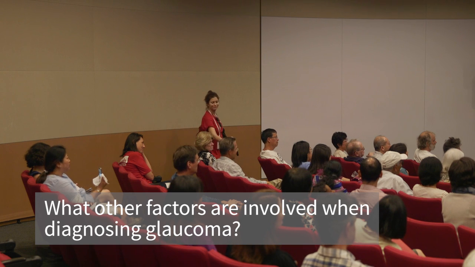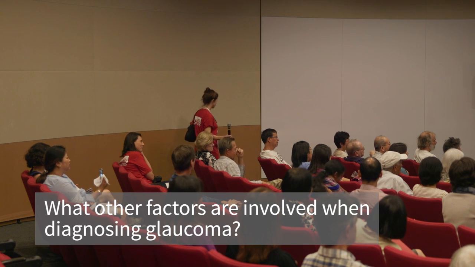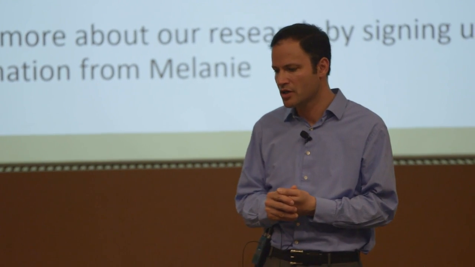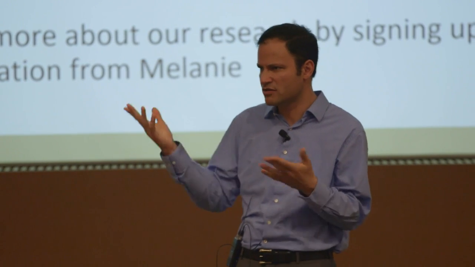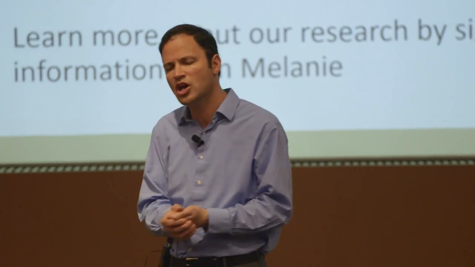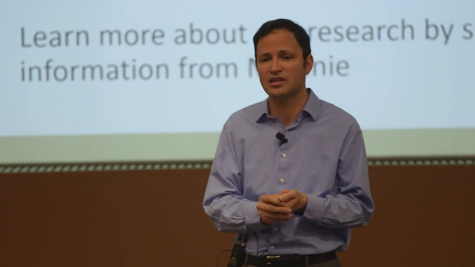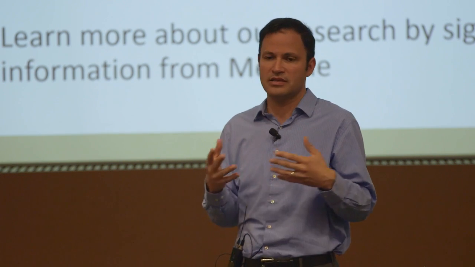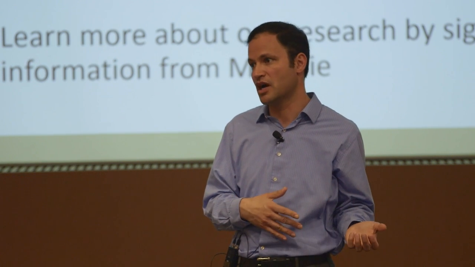That's a very important question. The question was, we know about the eye pressure being a cause of glaucoma, a risk factor for glaucoma. Well, what else do we know about that, or is there anything else? Because sometimes we lower the eye pressure and the patients still get worse. We know, because that happens, that there's a significant part of this disease that is not just due to the eye pressure.